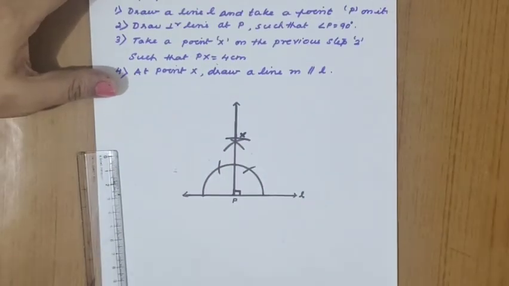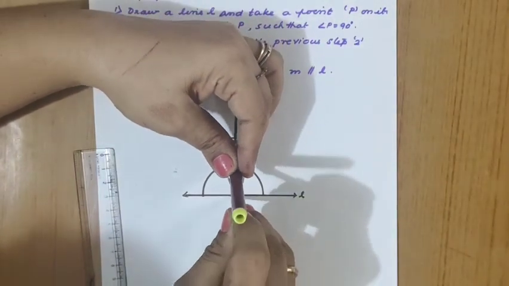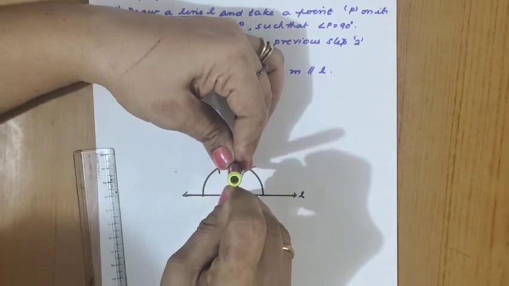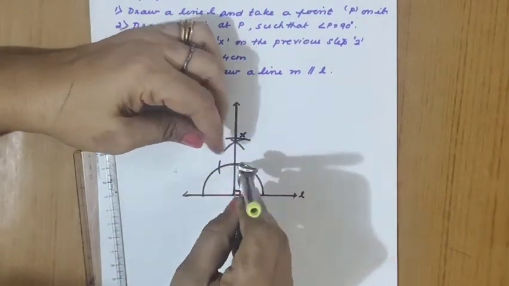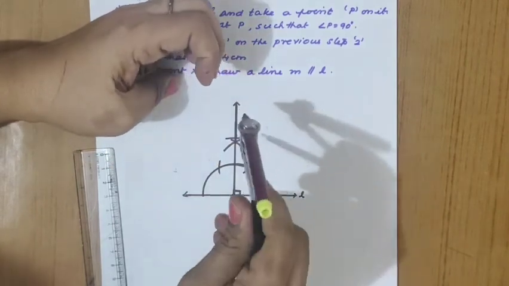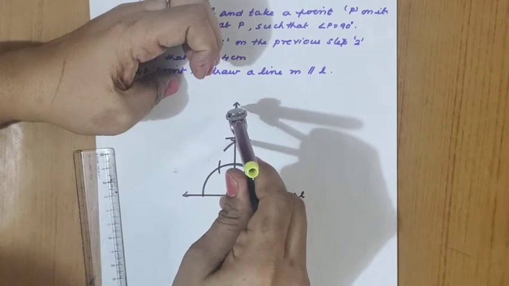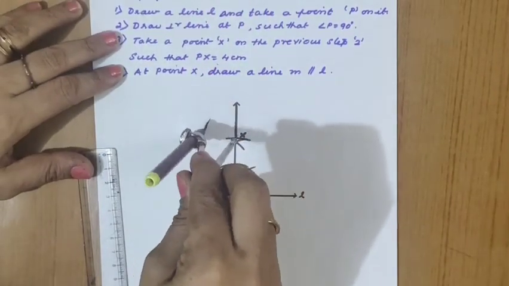So the same steps what we constructed here last class, that is the parallel line you have done. So the same radius without changing that one, just check that one by drawing the circle. It's slightly we have to reduce, right? Now here at X we have to keep the compass, and this side we will complete that one.